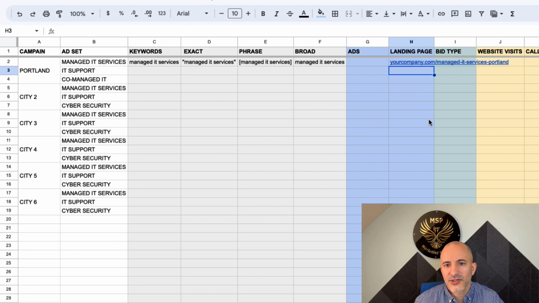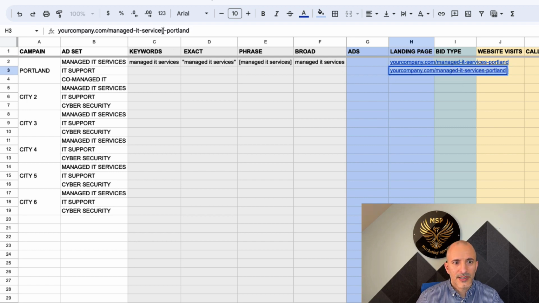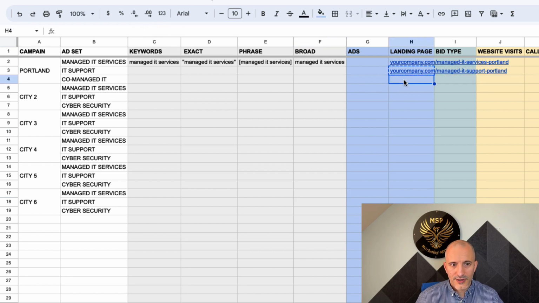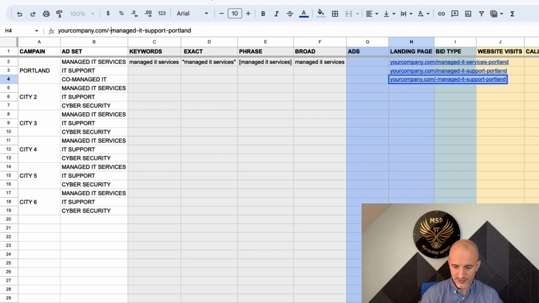If that's the structure of your website. For IT support, copy this here, it will be IT support. And for co-managed, it will be co-managed IT. You can do services or just like that.